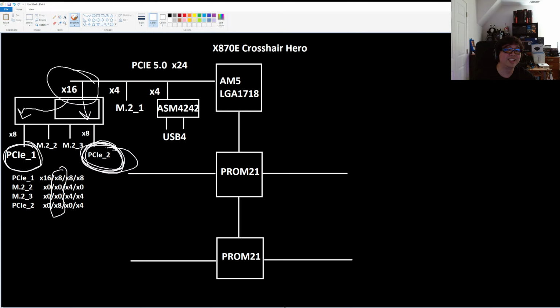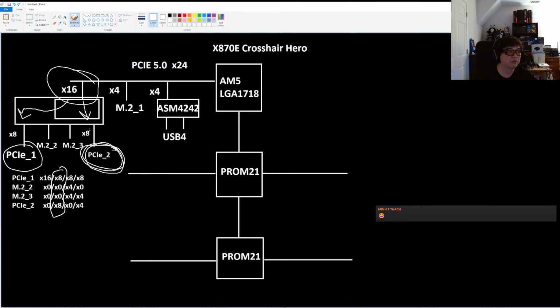If you plug in a 10 gigabit network card, the switch will automatically only give the graphics card 8 lanes, even though the 10 gig LAN card only needs 4 Gen 2 or 2 Gen 3 lanes. So keep that in mind. This is what we mean by lane sharing.